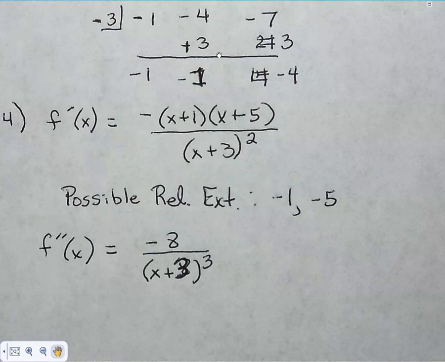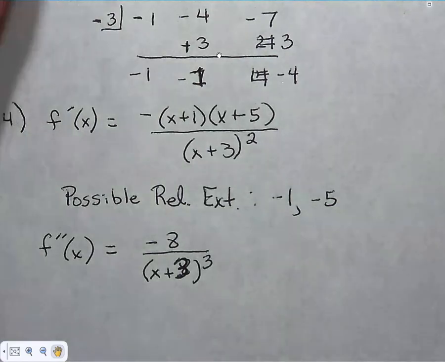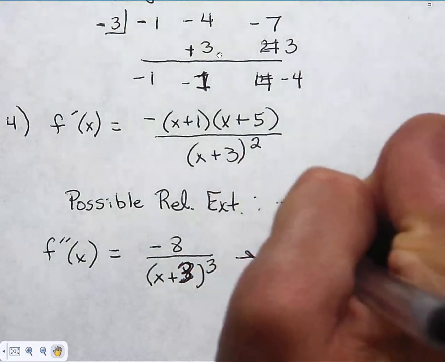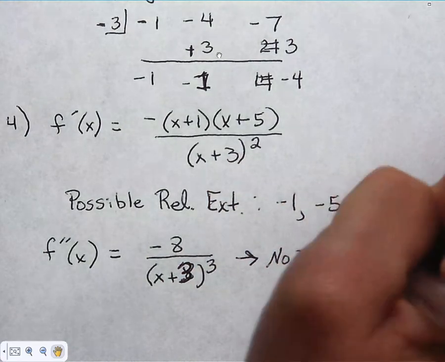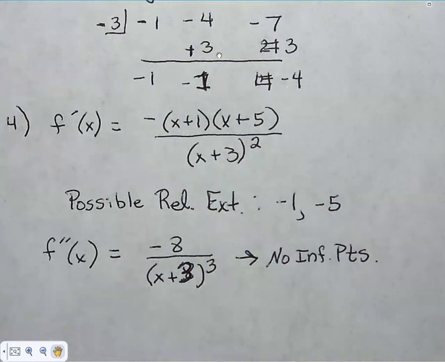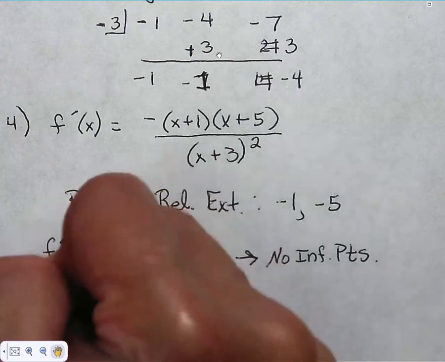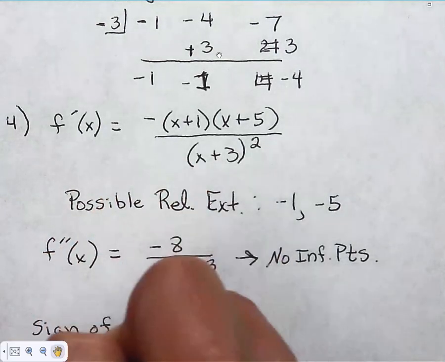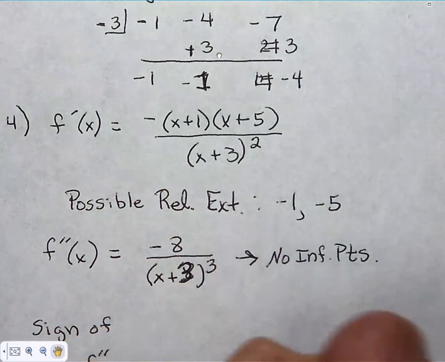Second derivative have any critical numbers? Only -3, and -3 is not in the domain of the original function. What does that tell me about inflection points? No inflection points. So I'm ready to think about the sign of the second derivative and the first derivative.